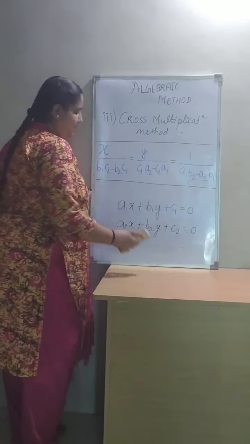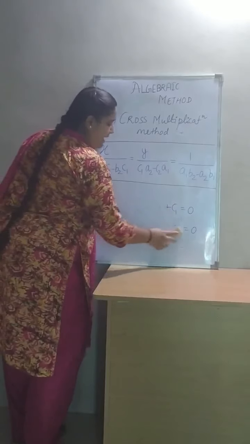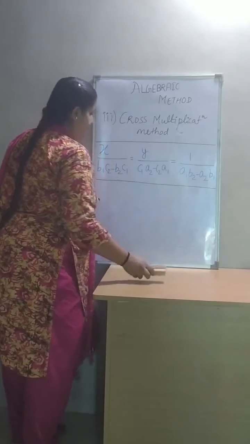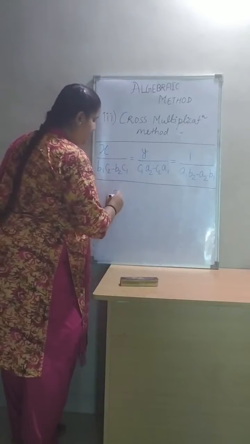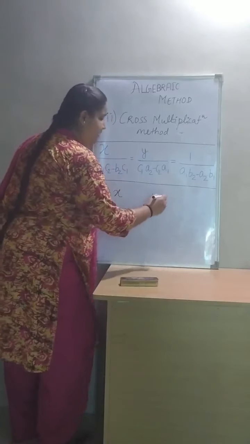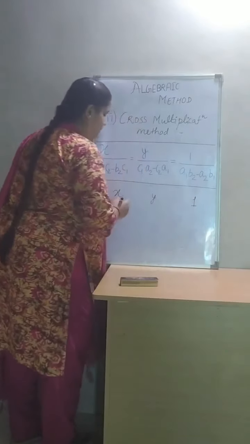You can easily memorize this particular formula as follows. What we need to write is x here, y here, and in place of the constant you need to write 1.